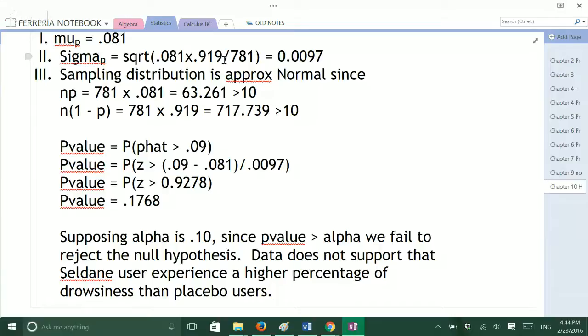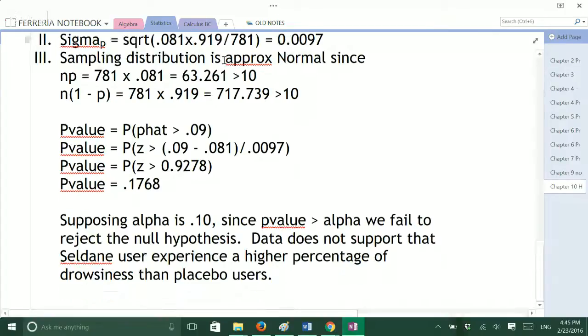Our alpha is 0.10, so that's the chance we want to take. When you think about it, 17% is a pretty high probability, so it's kind of common to find that. But if it's below 10%, then that's not very common if the null hypothesis is true.